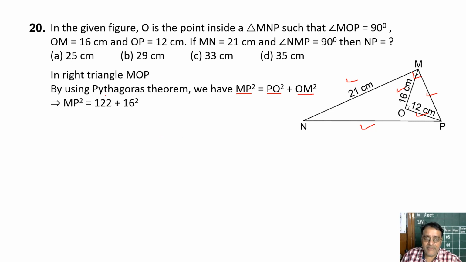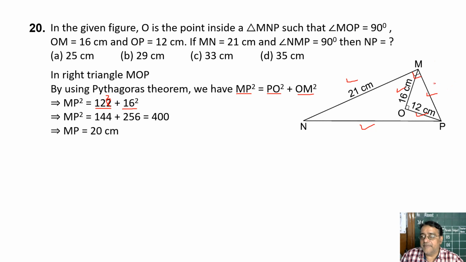So 12 square plus 16 square. So this will become 144 and this will become 256. 144 plus 256 हो जाएगा 400. Square root 20. Right? So now we got MP as 20 centimeter.